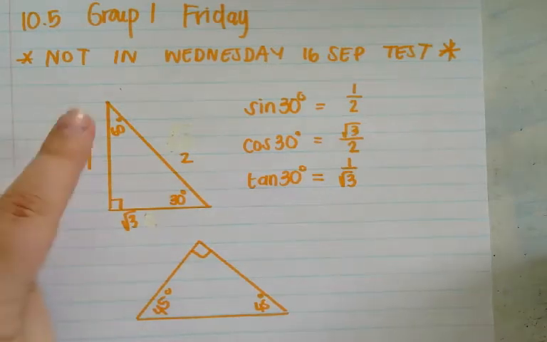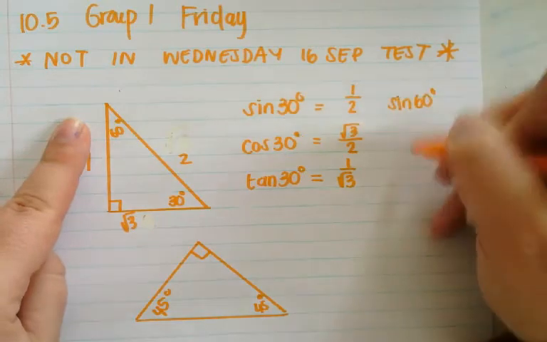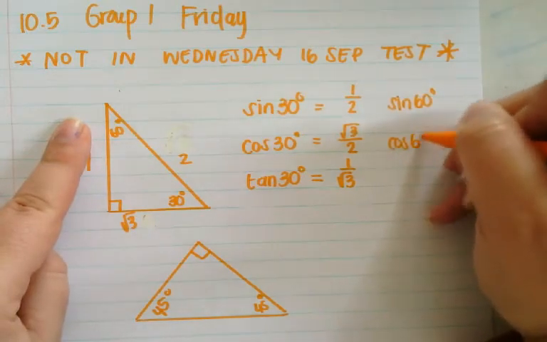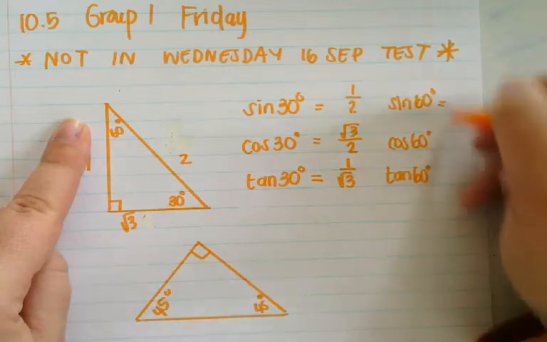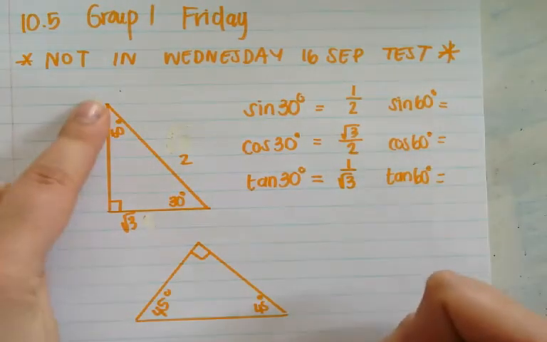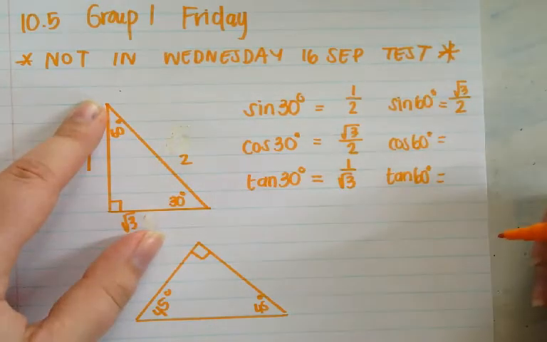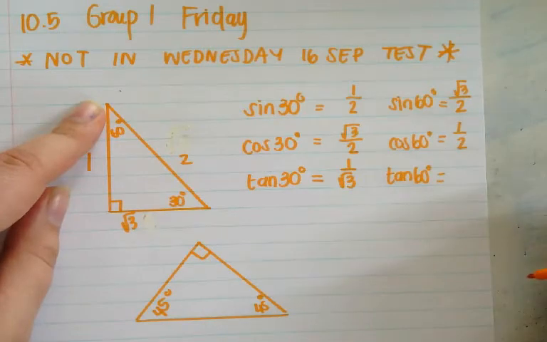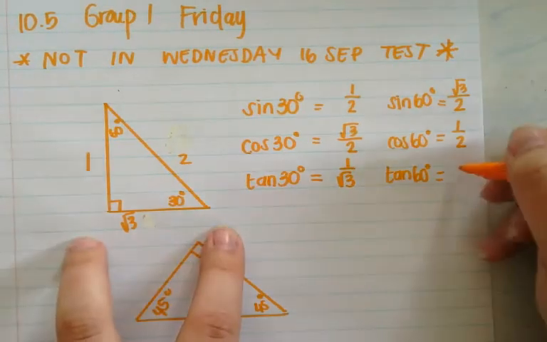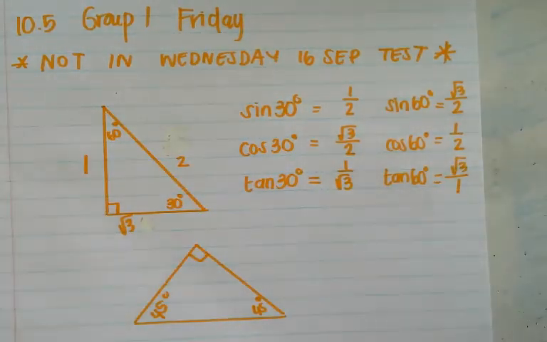Changing my reference angle to the 60, sine 60, cos 60, and tan 60. So my reference angle is there now. So opposite is square root 3 over hypotenuse. Adjacent over hypotenuse, and opposite over adjacent, which is just square root 3. So these we call special angles.